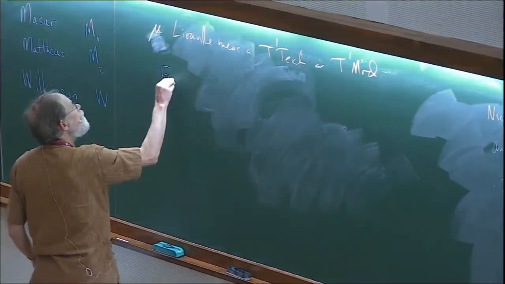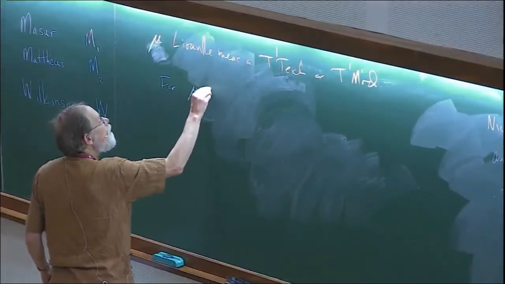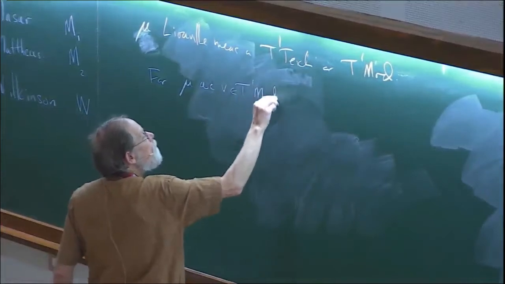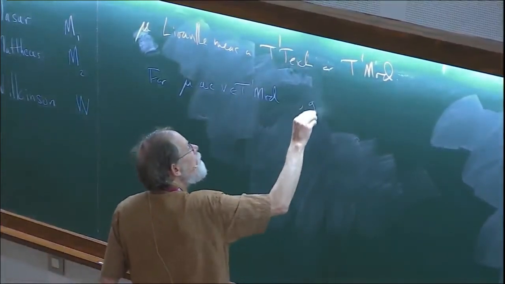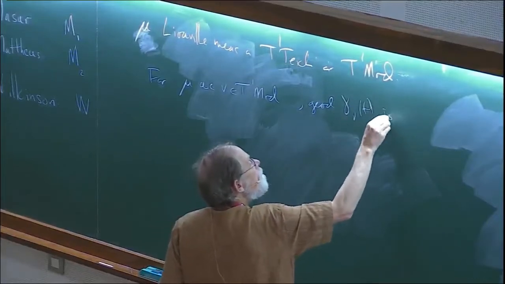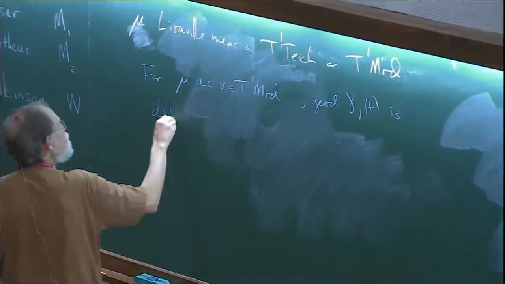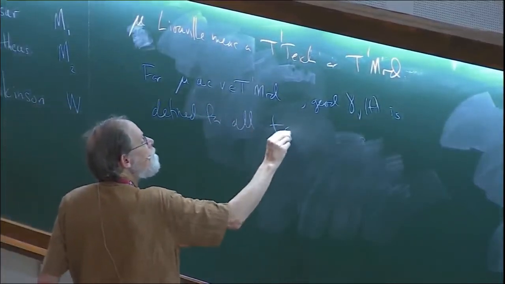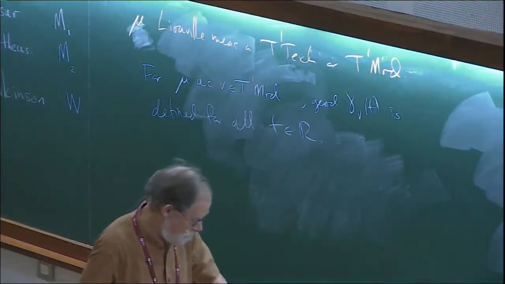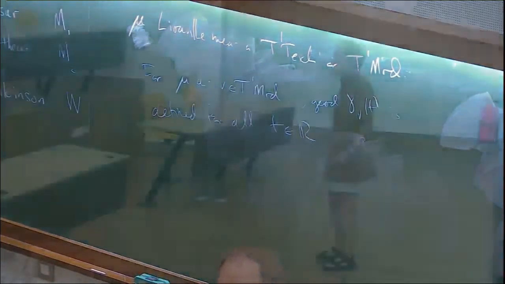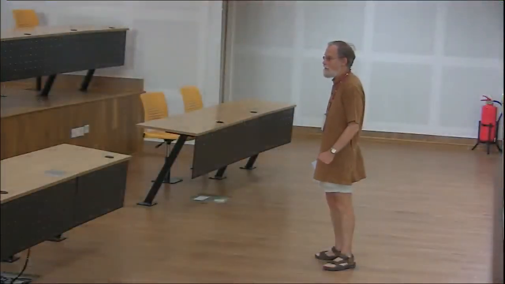So the first good piece of news is that for mu-almost every v in T1 of the moduli space, the geodesic gamma sub v of t is defined for all t in R. So at least there's something to talk about.